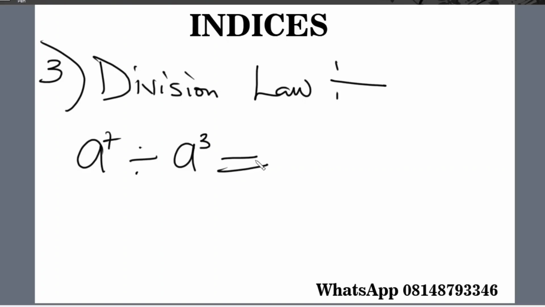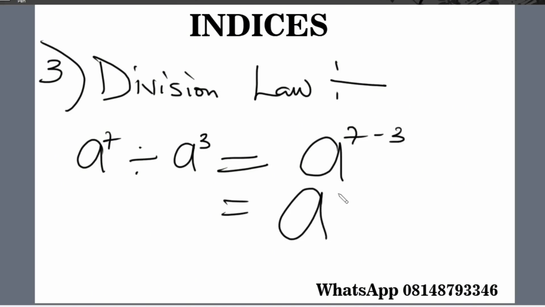The first task is to write down the base. We have similar base, so we have a all raised to the power what? The next task is to subtract their index. So we have 7 minus 3, which gives us a raised to the power 4. 7 minus 3 is 4.